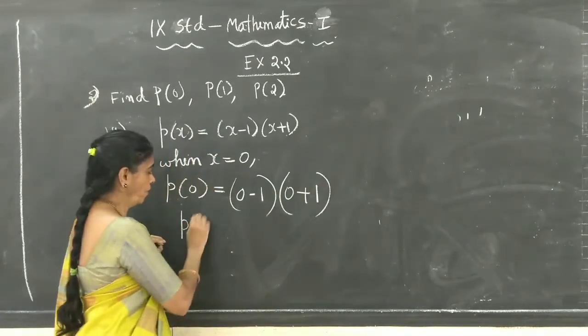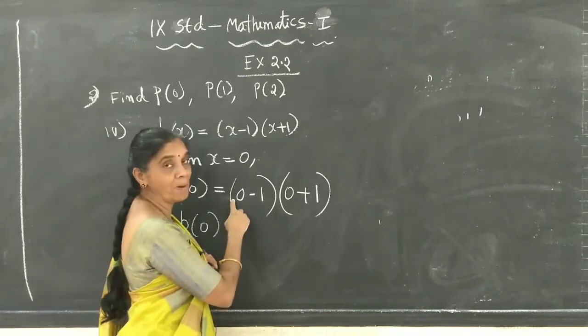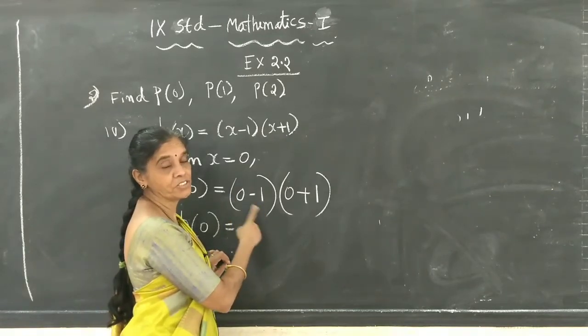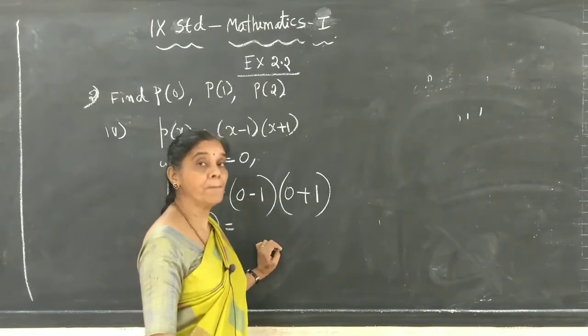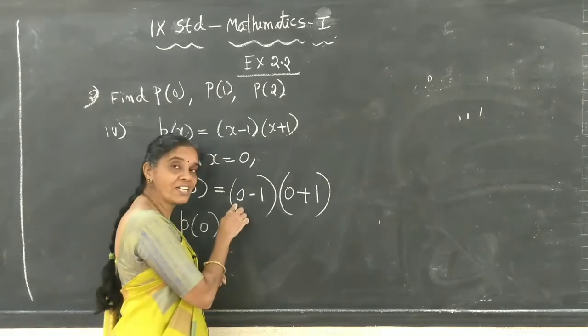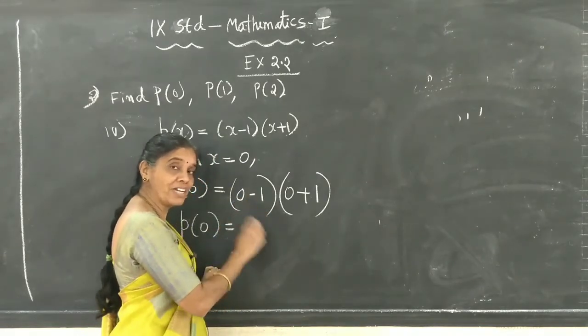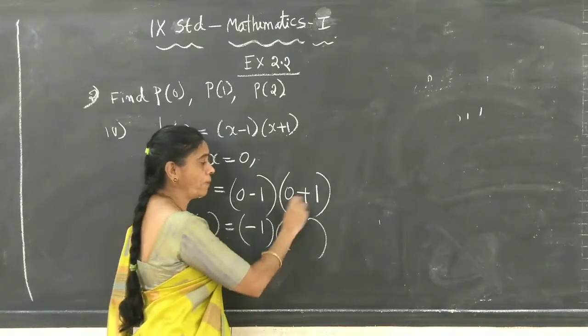Now the polynomial at 0, the value is 0 minus 1. 0 minus 1 is 1 or minus 1? 0 minus 1 is minus 1, because from a smaller number you are subtracting a big one. So it is a negative number, minus 1 into (0 plus 1).